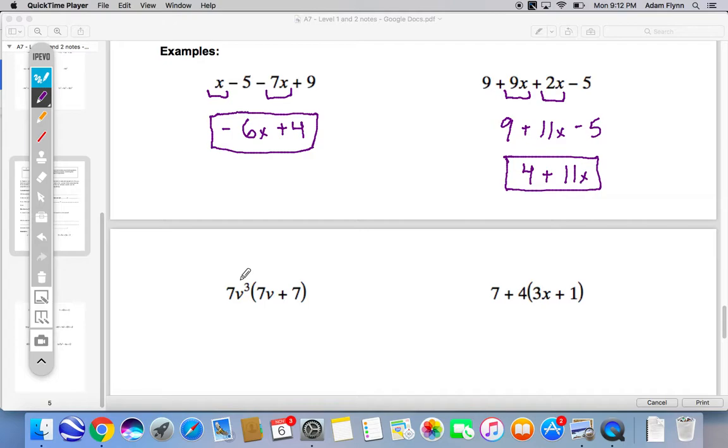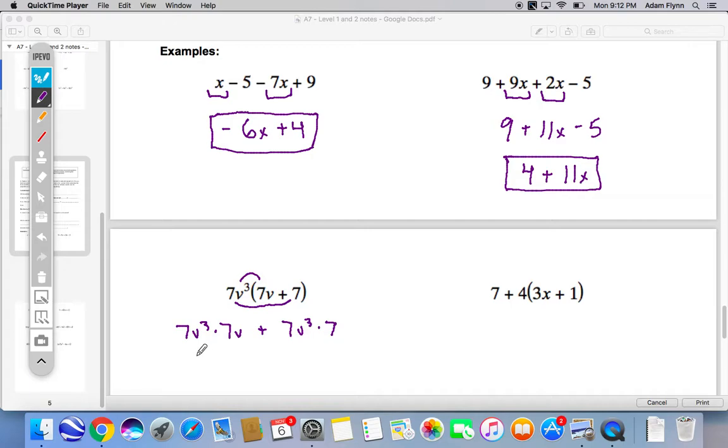Moving down here, I have an expression inside parentheses, and I have a term outside the parentheses. And this term right here is touching the parentheses, so I have to use the distributive property. I always like to draw lines just so I make sure everything's accounted for. So I have 7v cubed times 7v plus 7v cubed times 7.